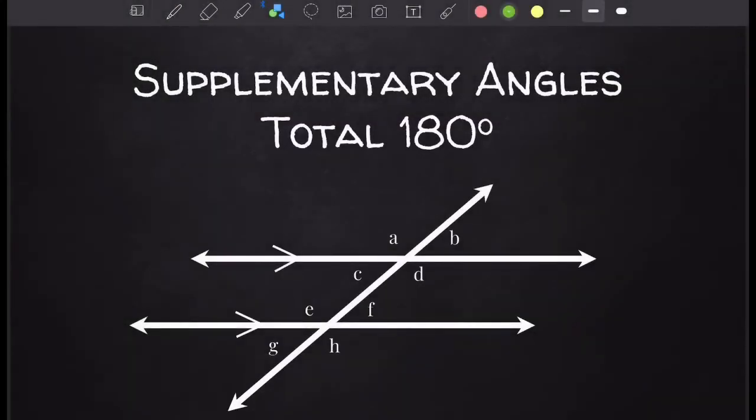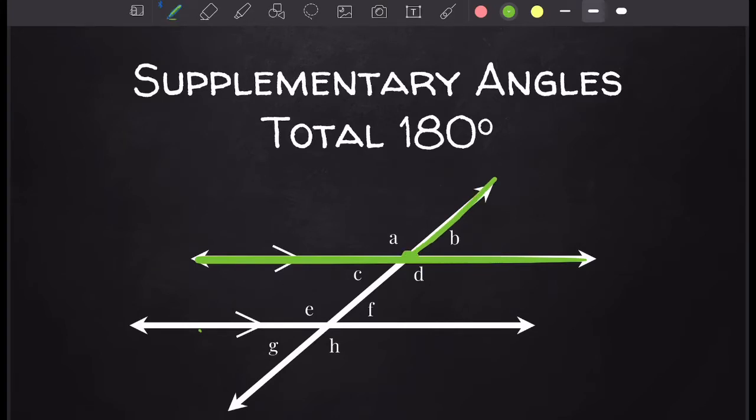Supplementary angles. Looking over here, let's look for a straight line. This is a straight line. It's parallel to this line, but it's straight. So how many supplementary angles do I see? Let me put a line here, because there needs to be a vertex.